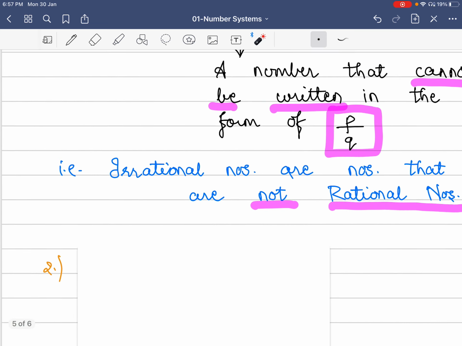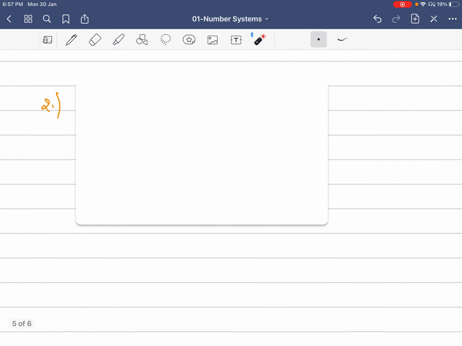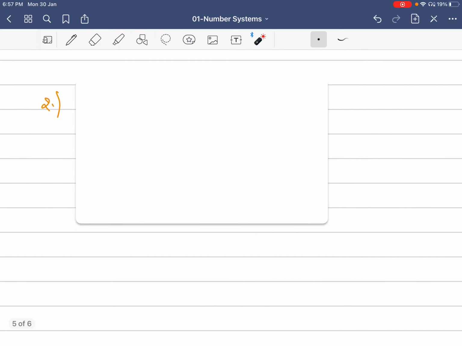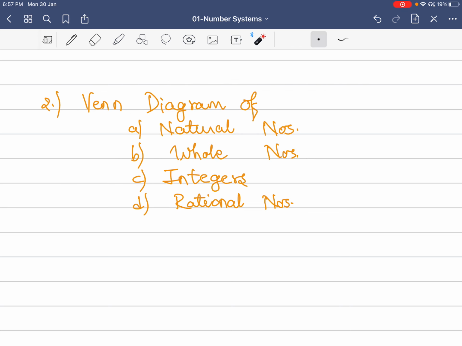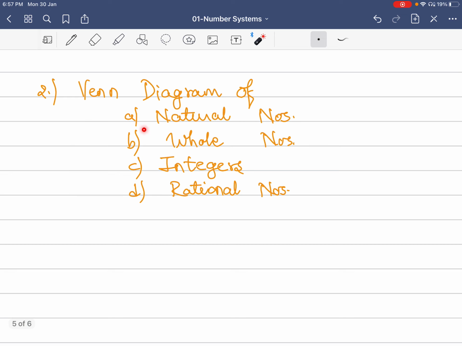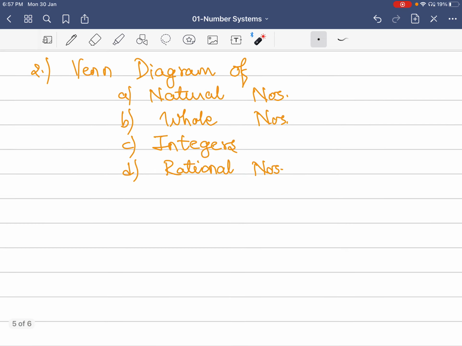Now, let us move ahead and try to understand the representation of irrational numbers using a Venn diagram. We are going to plot the Venn diagram of natural numbers, whole numbers, integers, and rational numbers. First, let's do these 4 sets of numbers, and then we'll see how irrational numbers come into the picture. So let's quickly note down what natural numbers are.